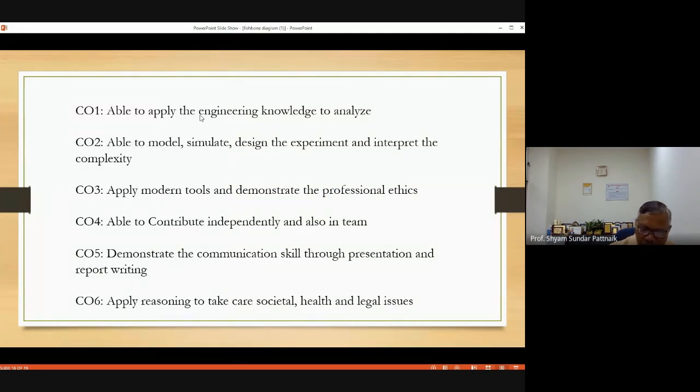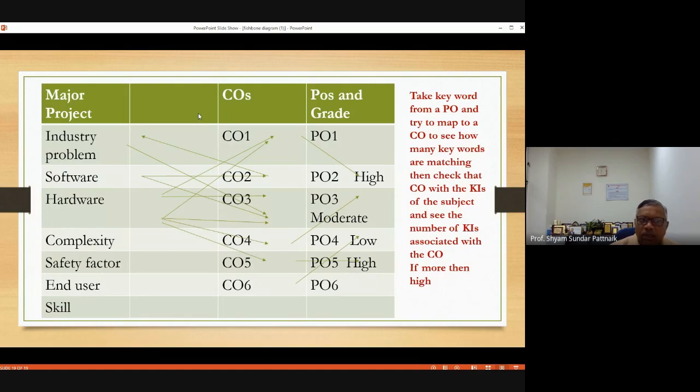When I am going for mapping to the 12 POs, you have to create this type of table. The subject is major project here. The key indicators are written here. Exactly the same key indicators, what you have defined in the previous slides, you have to bring here.